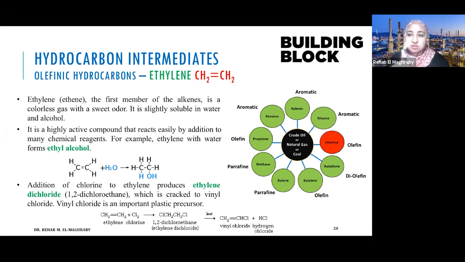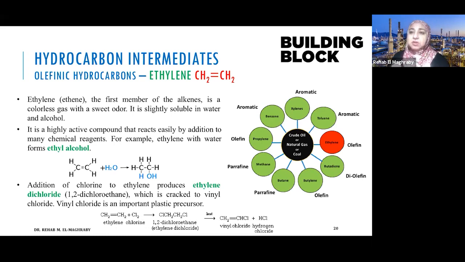So ethylene is a valuable component. It can react with water to get ethanol, or it can react with chlorine, Cl2, as you can see in this reaction, to get dichloroethane, or ethylene dichloride.